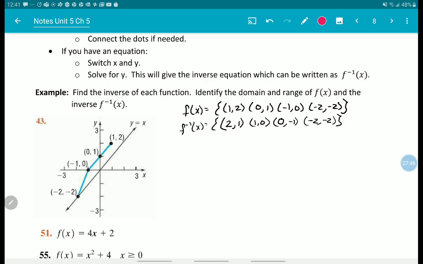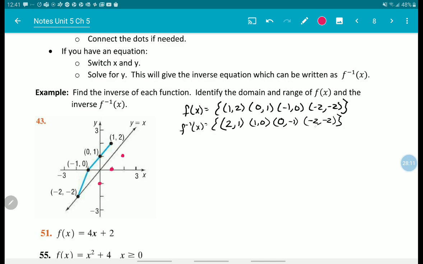Now, let's graph those. You should see that symmetry about y equals x. Our first point is (2, 1). Over 2, up 1, there it is. Then we have the point (1, 0). Over 1, up 0. We have the point (0, -1), just down here.